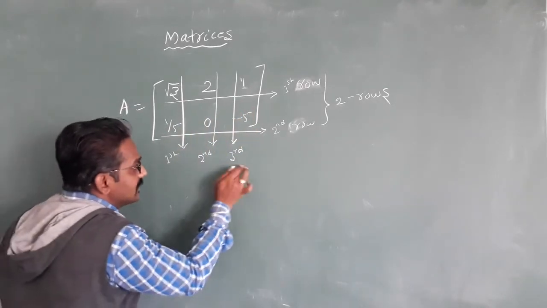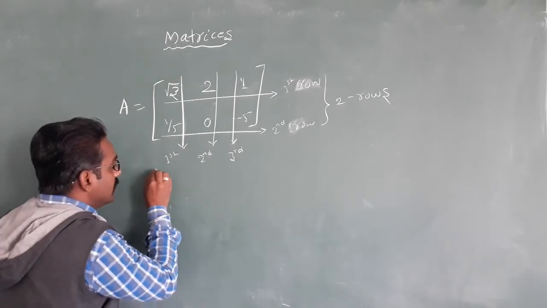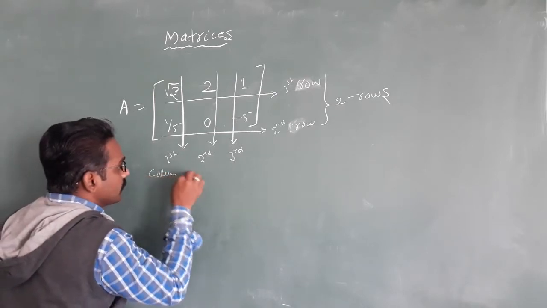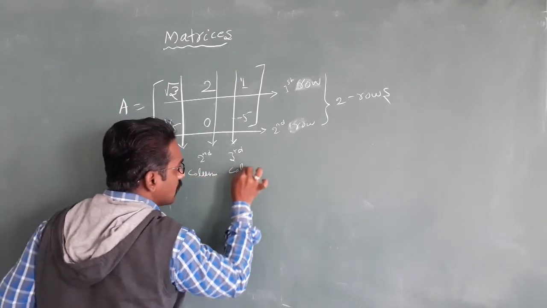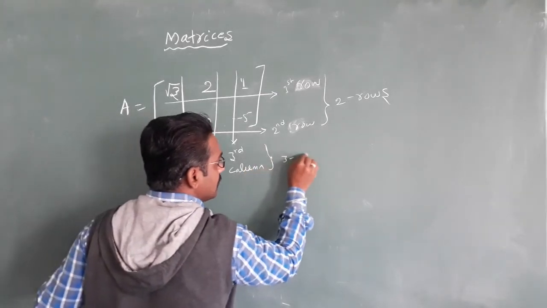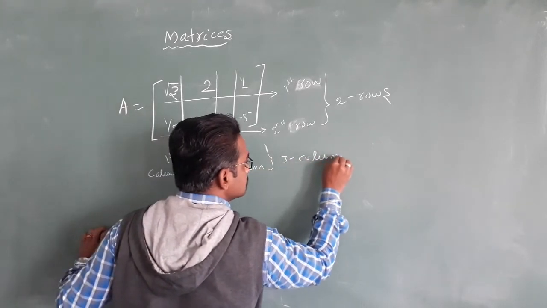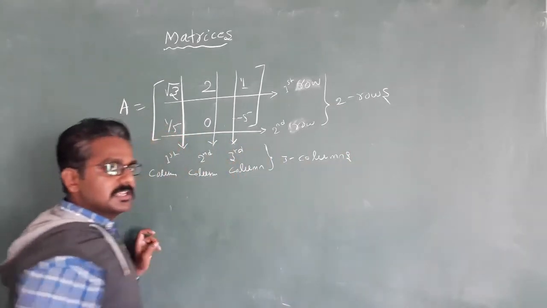So each vertical line of elements will constitute a column. First column, second column, third column. So totally 3 columns. So number of rows is 2, number of columns is 3.